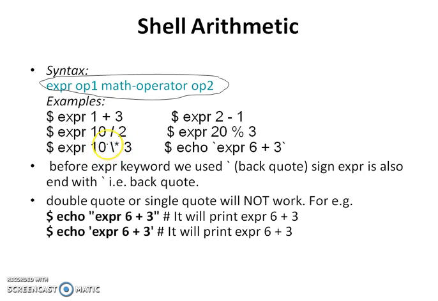Remember one thing: for multiplication, use a backslash, because the star is a special character. Double quotes or single quotes will not work here. Only in this command the back quote will be used.